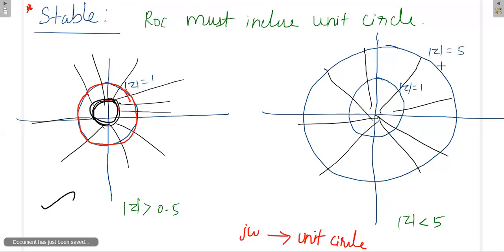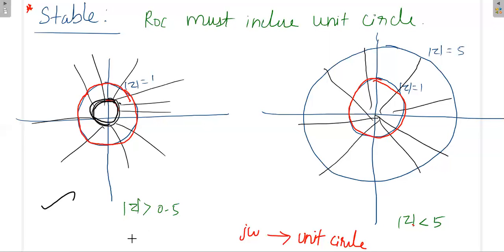Also, again this is the reference circle, the unit circle, but now mod z is less than 5. Definitely 5 will be the bigger circle, but the ROC is inside the 5, that means the boundary will come inside. In this case also we are including the unit circle, that's why the system is stable.